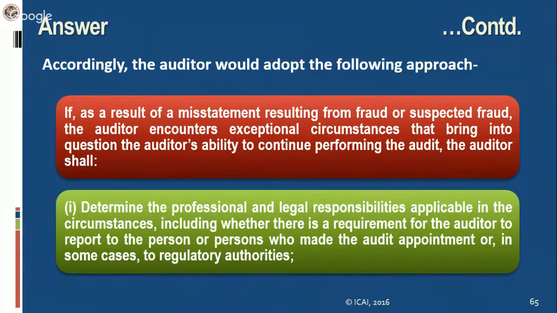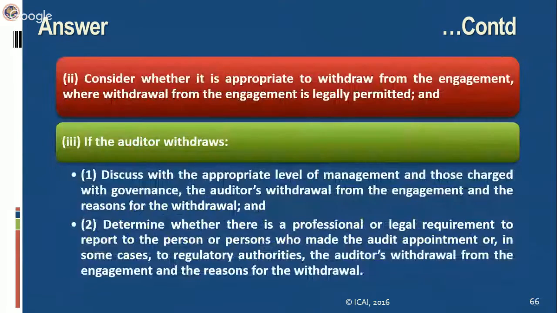The auditor shall determine the professional and legal responsibilities applicable in the circumstances, including whether there is a requirement for the auditor to report to the person or persons who made the audit appointment, or in some cases to the regulatory authorities. Like if the government has appointed that particular auditor, then he shall report to the government also.